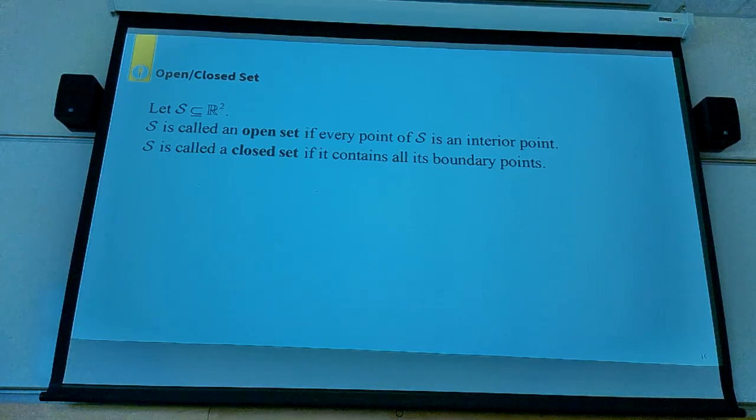So question. Does every set have to be either open or closed? Could be neither.